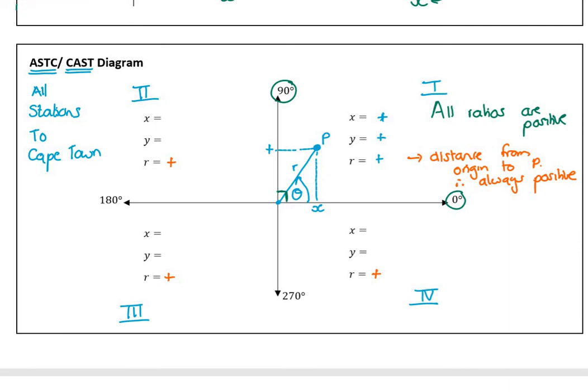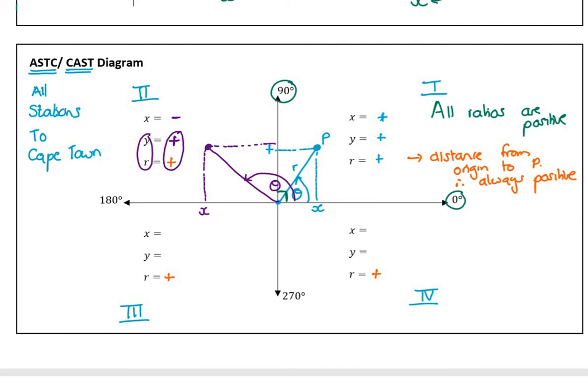So what happens if we drew an angle of theta that went all the way into the second quadrant? So that means an obtuse angle of theta. Well, our y value would still be in the positive region. However, our x value would be a negative value. So if you think about the definitions of trig, sine is y over r. Now both of those would be positive.